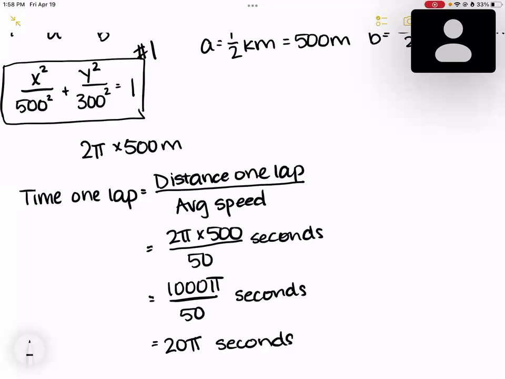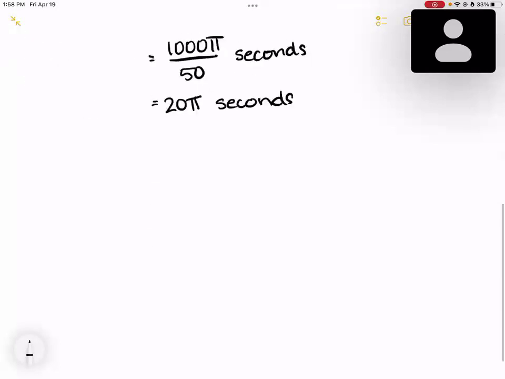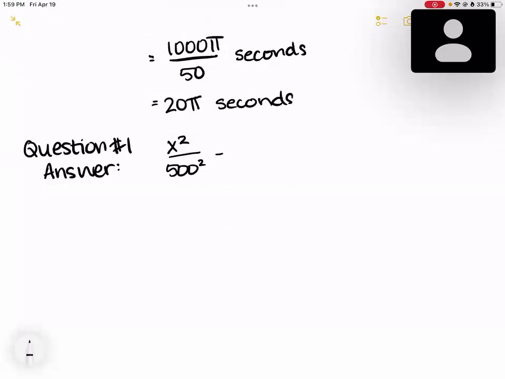So I'm going to rewrite the answers here. Question number 1's answer is x squared over 500 squared plus y squared over 300 squared is equal to 1.